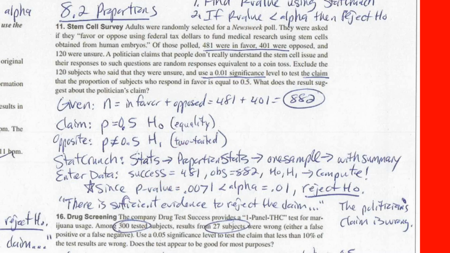And then click compute. It gives you 0.007. That's smaller than the alpha, not by that much, but we still reject H0. Okay, which means that there is sufficient evidence to reject this claim right here, that it's equal to that.